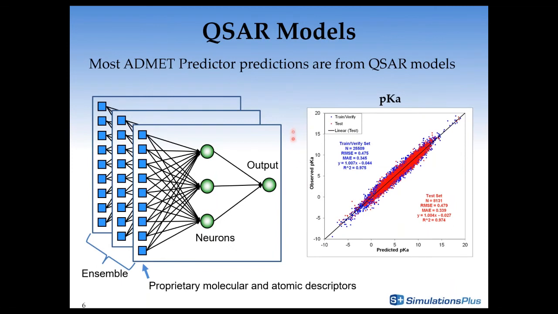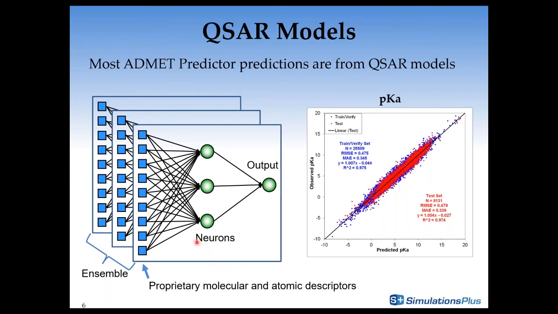Most of the ADMET Predictor predictions are from QSAR models. So we begin with data that could be extracted from literature or acquired through a collaboration, etc. We characterize the compounds using our own proprietary molecular and atomic descriptors.